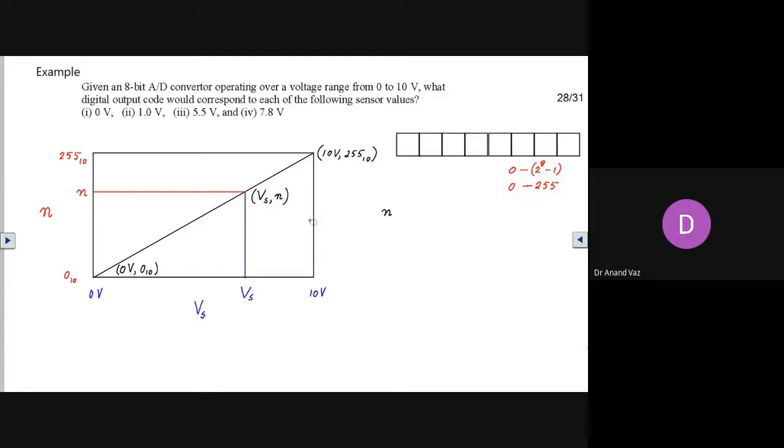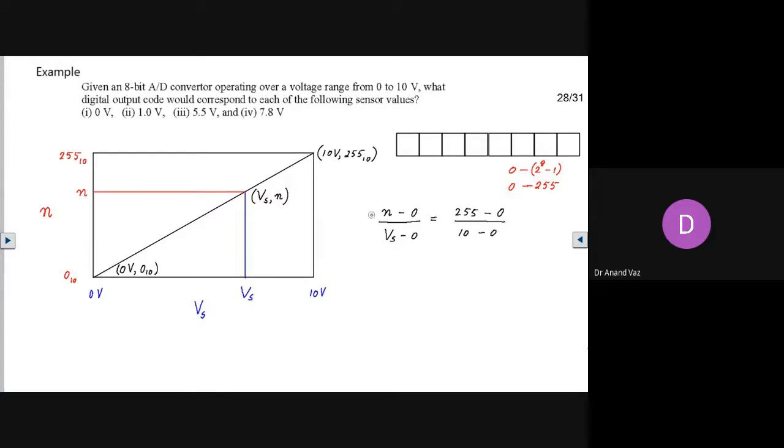So (n minus 0) divided by (Vs minus 0) will be equal to (255 minus 0) divided by (10 minus 0).